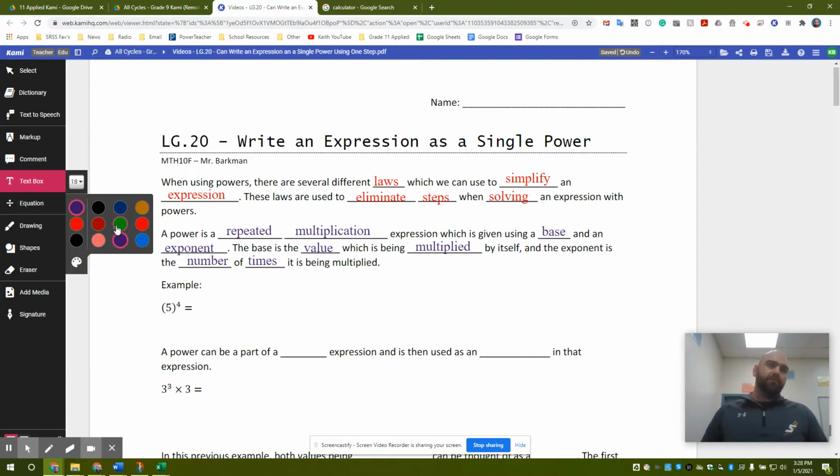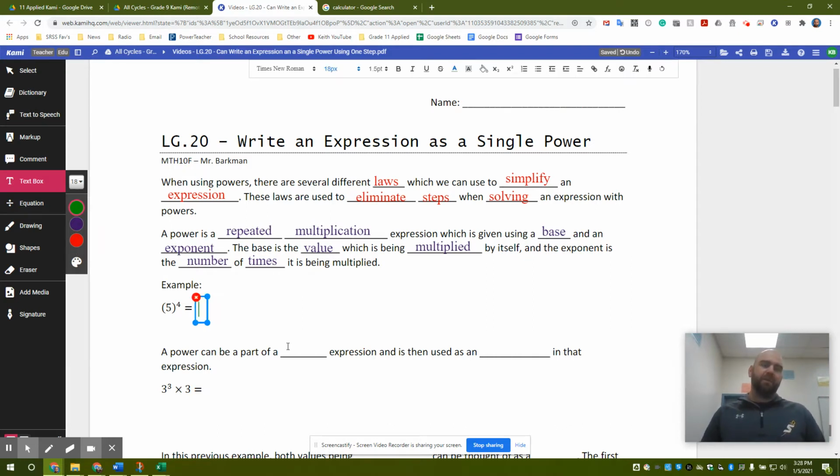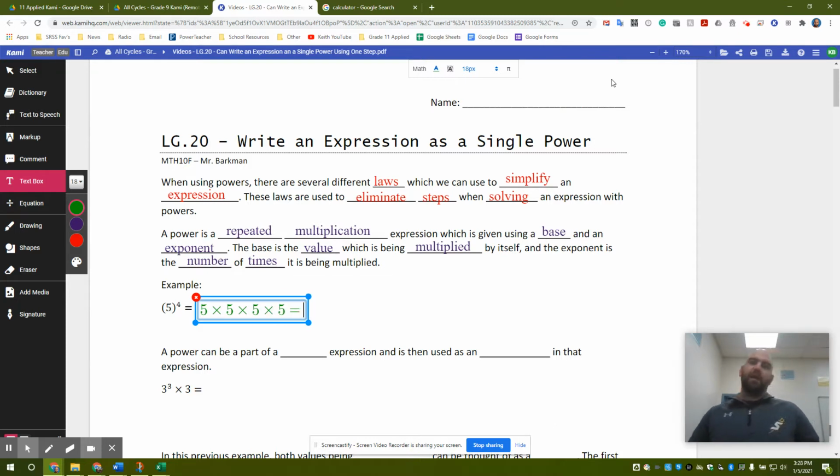For example, if we have something like 5 to the power of 4, and I've put it into brackets, we don't necessarily need the brackets there. If we have 5 to the power of 4, this is 5 times 5 times 5 times 5. We have four 5s, and that's writing it out in repeated multiplication.